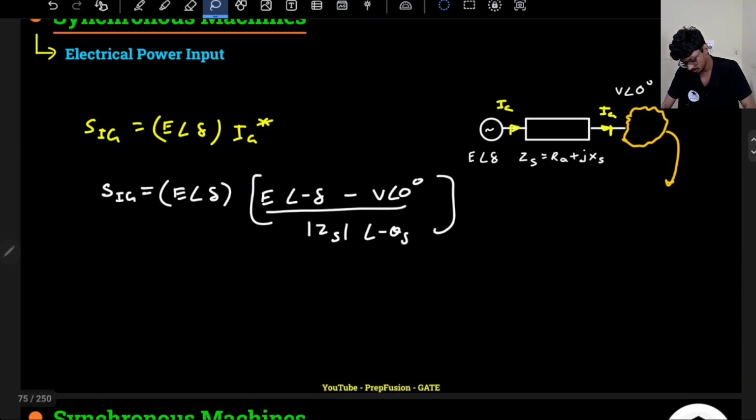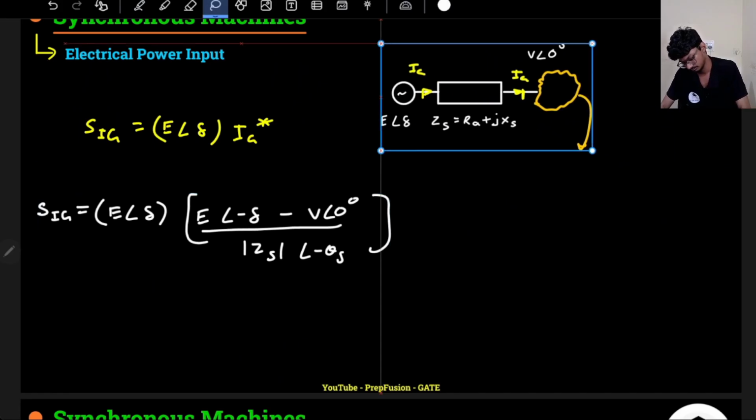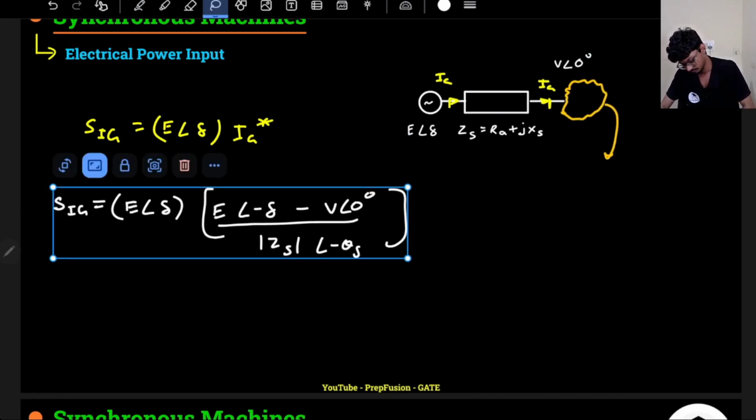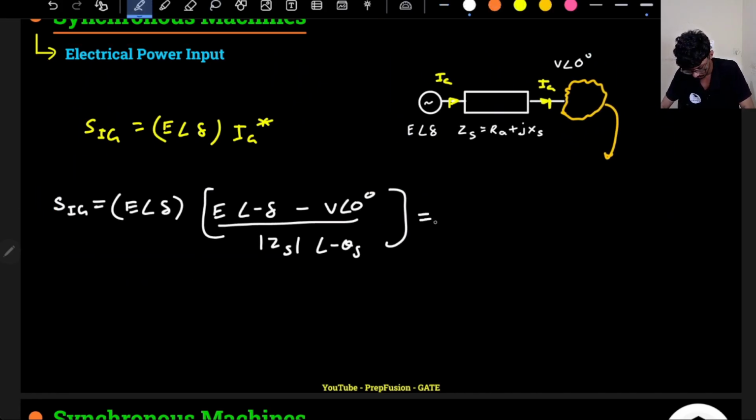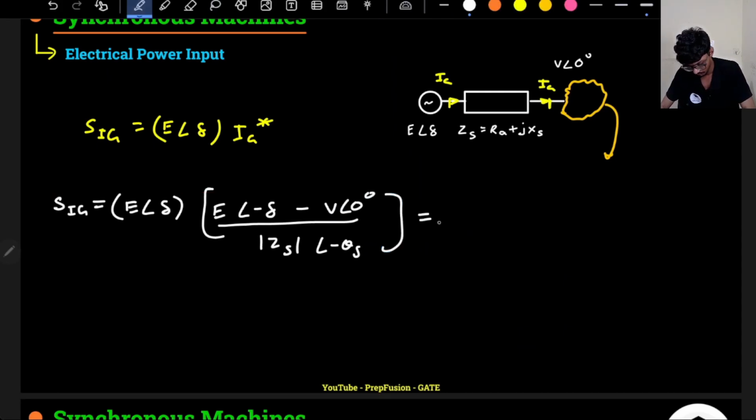Okay, so from here this will be basically E square, and plus delta minus delta will be 0 degrees only.